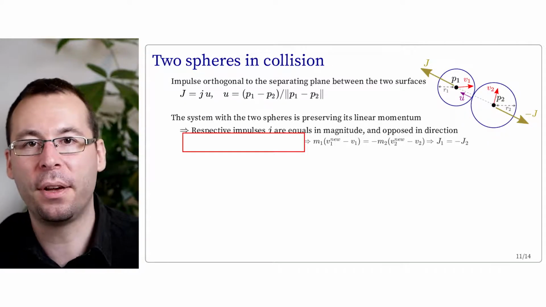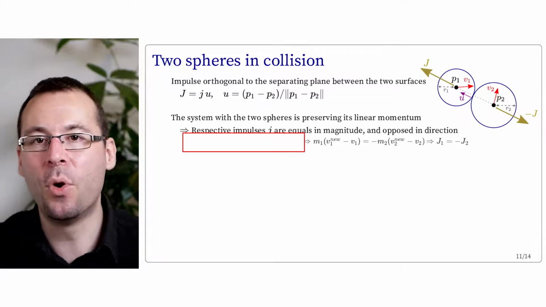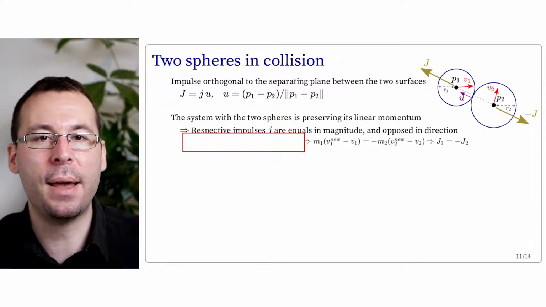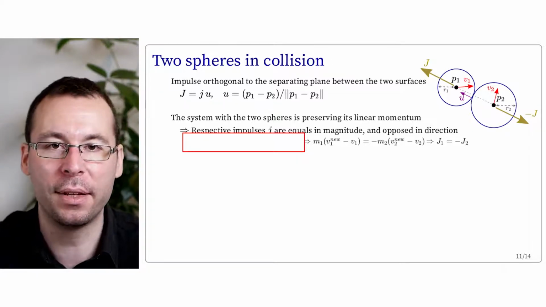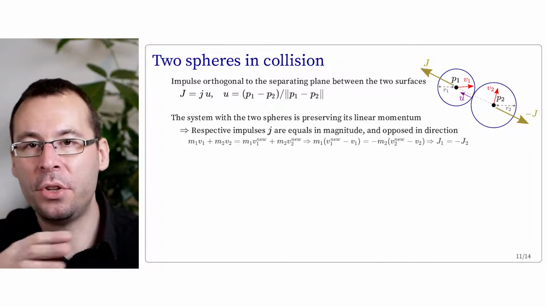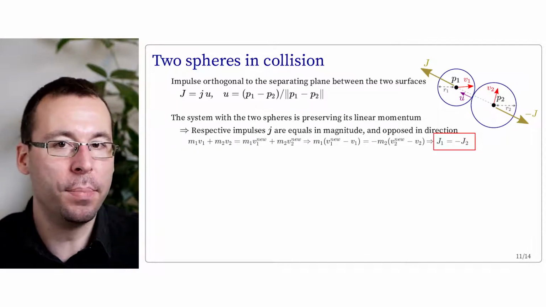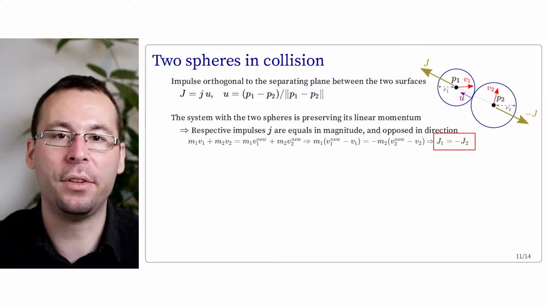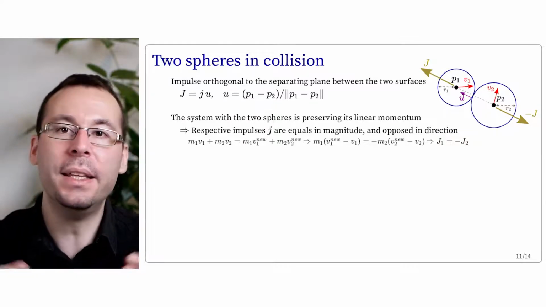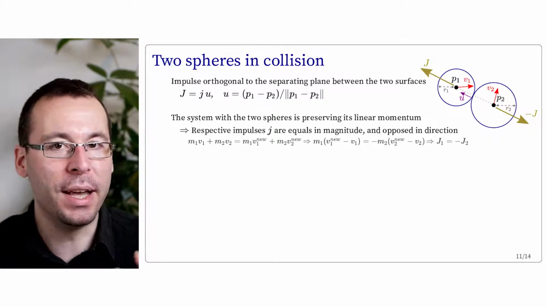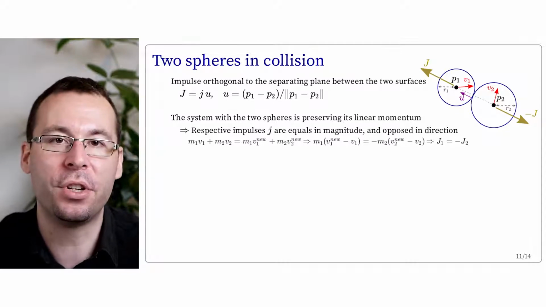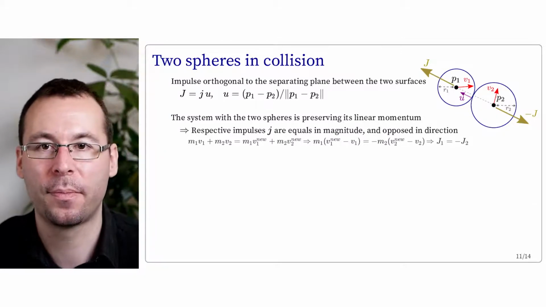So if we write the preservation of the linear momentum, we have m1 v1 plus m2 v2 that has to be equal to m1 times the new v1 plus m2 times the new v2. Once we rearrange the terms, we see that the impulses J1 and J2 are actually equal and opposed in direction. So basically, independently of the mass, the particles will experience the same impulse, which is kind of a simple reinterpretation of the notion of action-reaction.